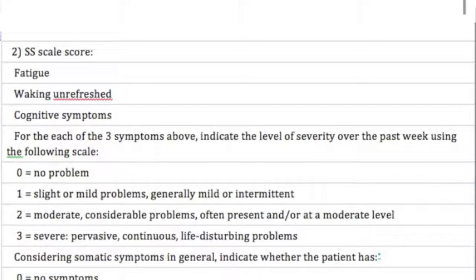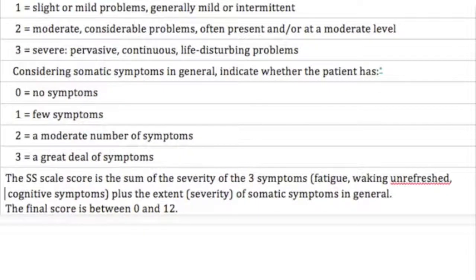So the generalized symptoms of fatigue, waking unrefreshed, and cognitive symptoms are each scored for the past week as no problems, up to a maximum score of 3 for very severe for each of these symptoms, giving a total possible maximum score of 9. And this is then added to a possible maximum score of 3 on the judgment of the physician with regard to the patient's somatic symptoms over the previous week, either no symptoms right up to very severe.